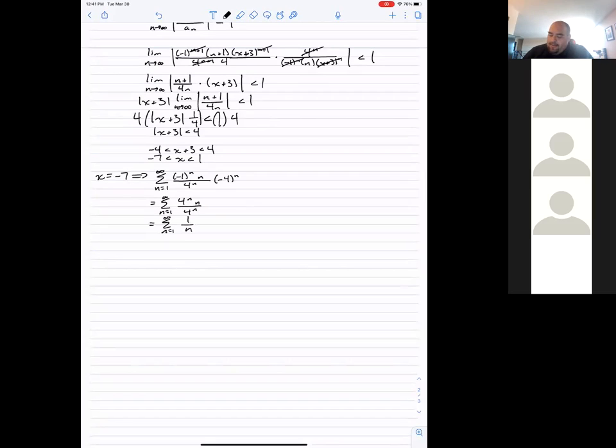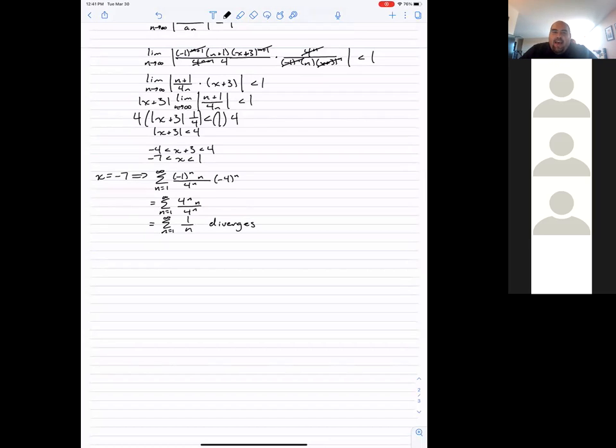Do I know what this thing does? It does not converge. By what justification? Is this a harmonic series? It's the harmonic series, which is a very specific instance of what test? Limit comparison. Not limit comparison.